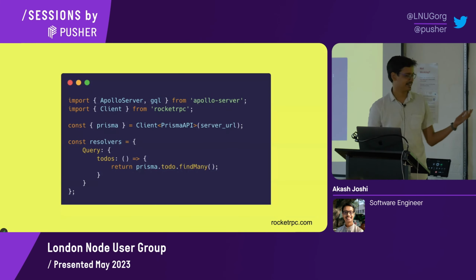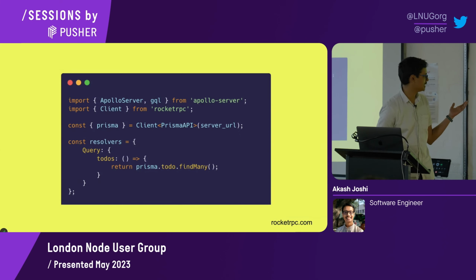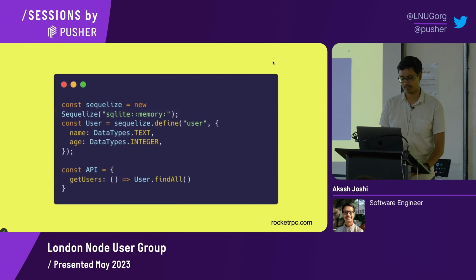And like here, for example, this could be a Prisma client which resides on a different server than your actual GraphQL resolver. And this resolver could connect to the DB through Prisma over the network and then return to-dos or do whatever you want through the GraphQL resolver.